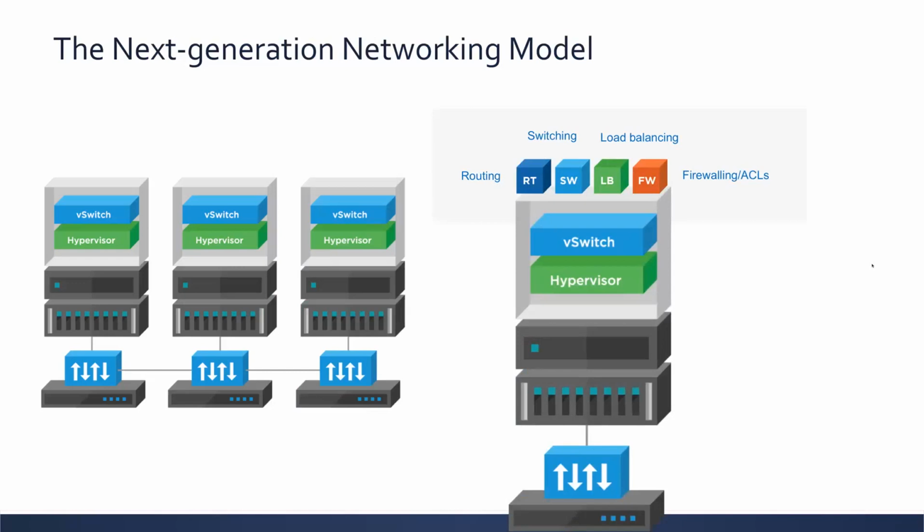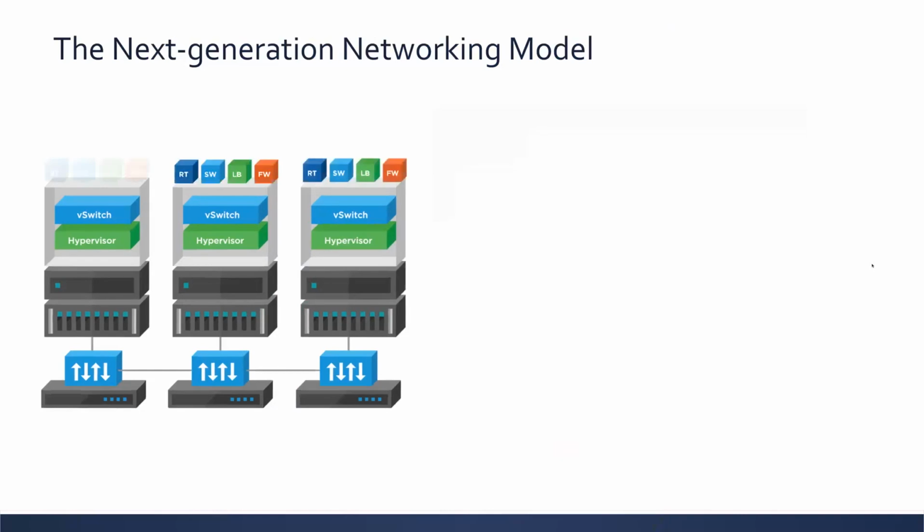We have distributed networking resources, day-to-day resources that we use on a regular basis: the routing, the switching, the load balancing, and the firewall. On every hypervisor, on every host, the distributed model breeds agility and flexibility within your environment. It truly is the next-gen model. So here we see that we have the route, switch, load balancing, and firewall on every host in a distributed fashion.